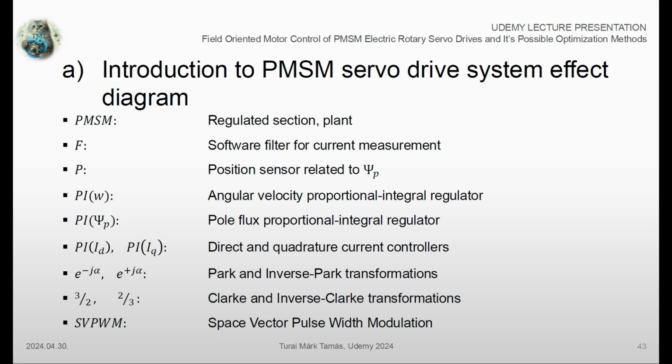I have marked with the letter P the position sensor attached to the PMSM motor, which could be a sine-cosine or even an incremental encoder when we are talking about FOC control. The PI omega represents the angular velocity controller, the PI psi represents the pole flux controller, and finally the PI id and PI iq represent the proportional integral regulators. Below these regulators, you can see the needed Clarke and Park coordinate transformation representations.